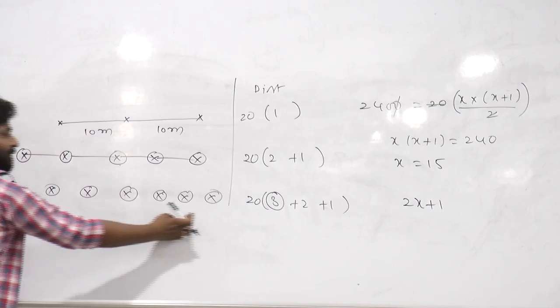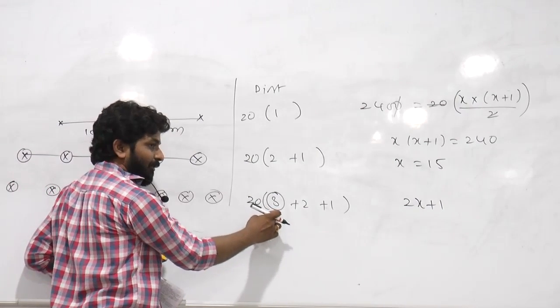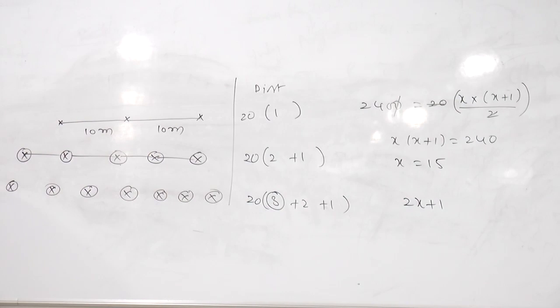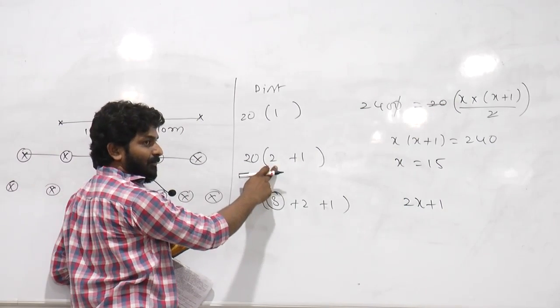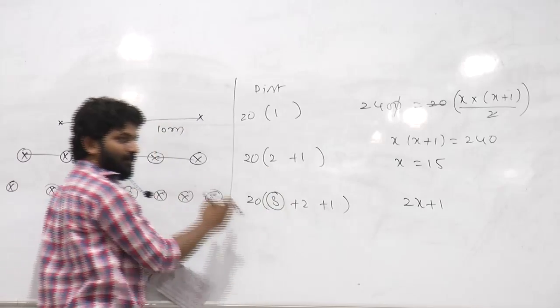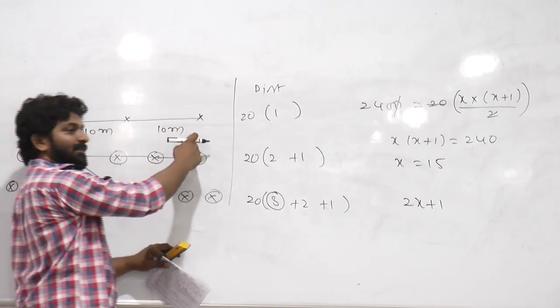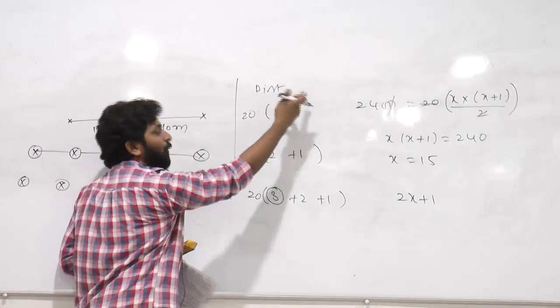How many persons are here, and what is the x value? 2 into 3 plus 1. How many persons are here, and what is the x value? 2 into 2 plus 1. How many persons are here? x value 1, into 2 plus 1.